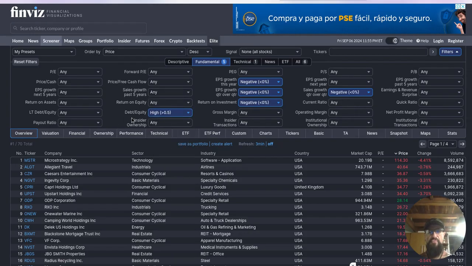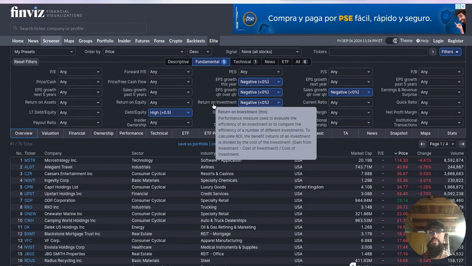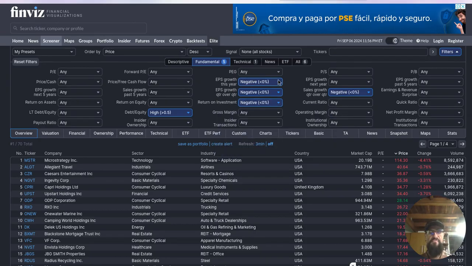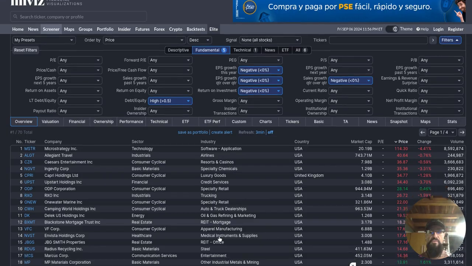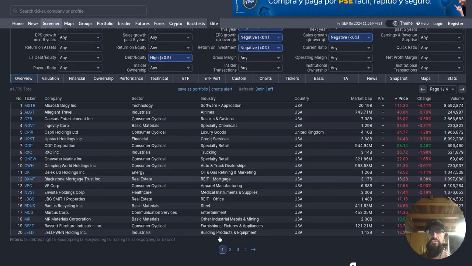The debt to equity ratio, if it's over 0.5 or over 1, that's already a problem for that company. If they're losing money, it's a problem. If the return on investment is negative, the sales quarter over quarter, they're negative. So you here are gonna come up with a whole bunch of companies.